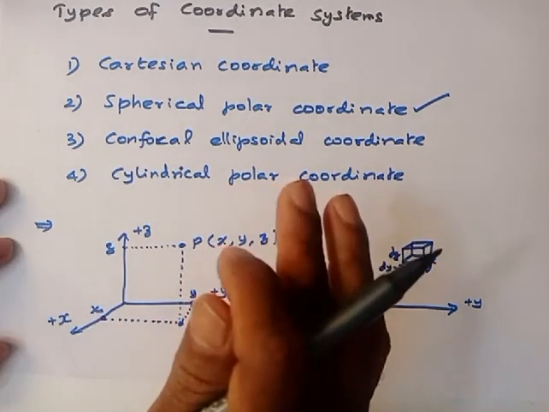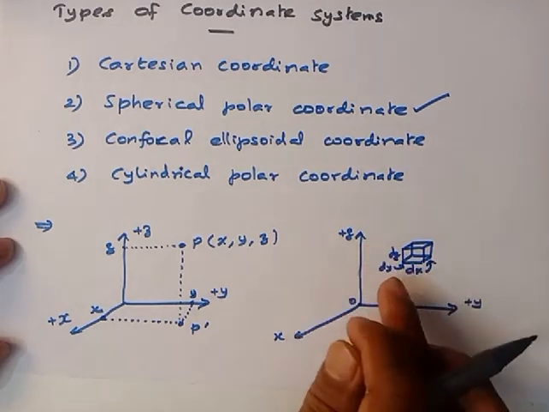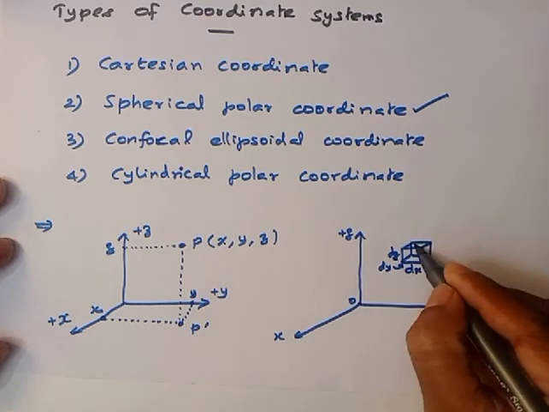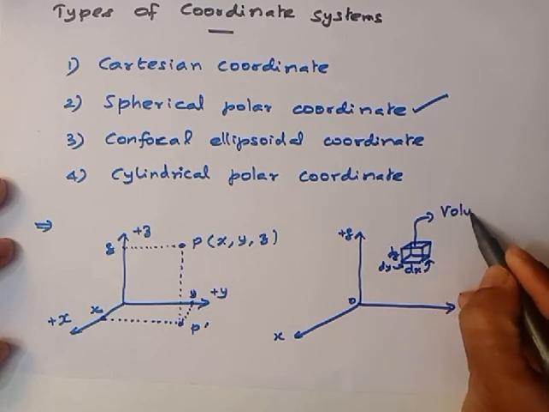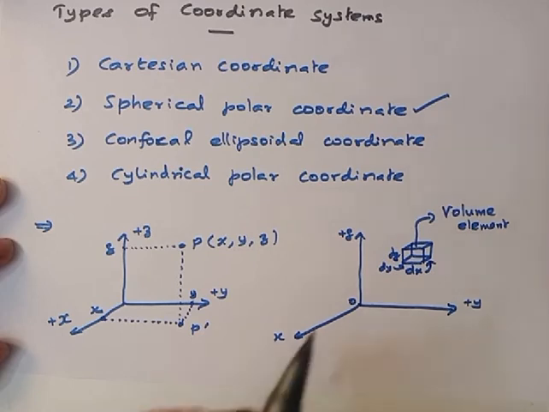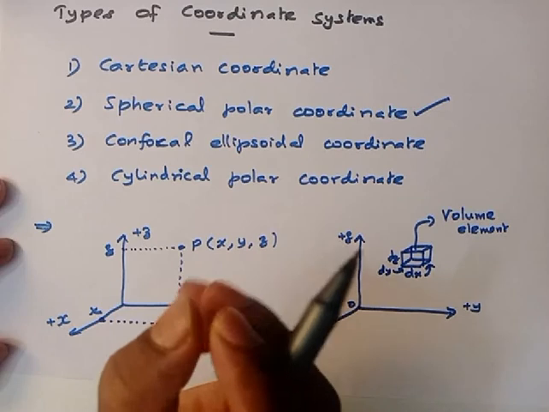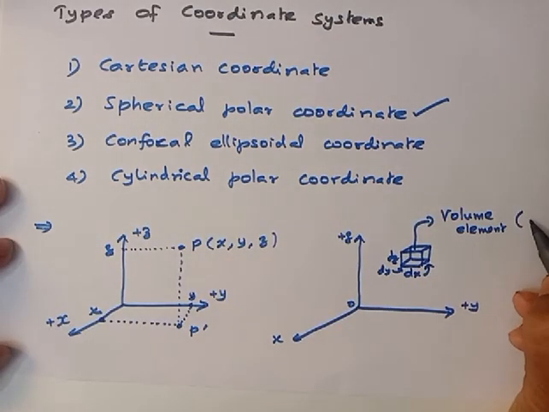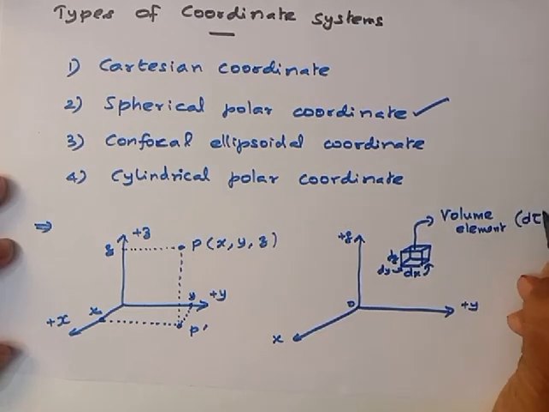Let us assume that these values dx, dy and dz are infinitesimally small, so that we call this small space a volume element. A volume element is the small volume occupied by a cube in three-dimensional space, and we represent it by the symbol d tau.